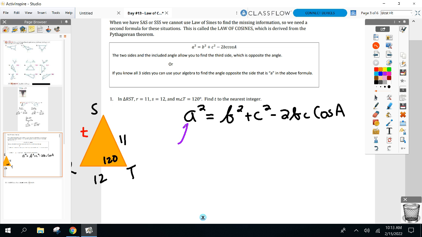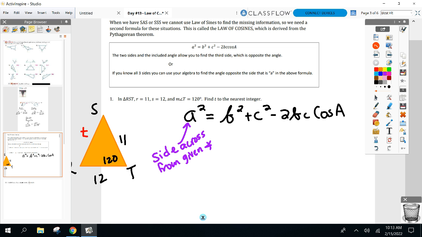This side right here will be the side across from the given angle. Okay, you will always be given an angle in a triangle.